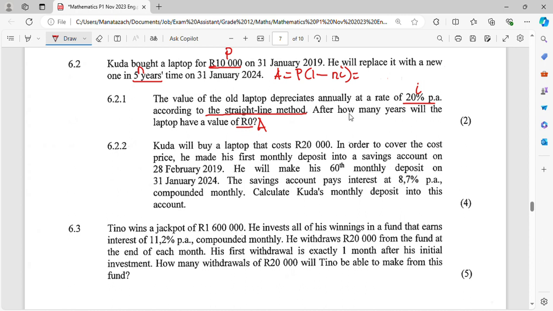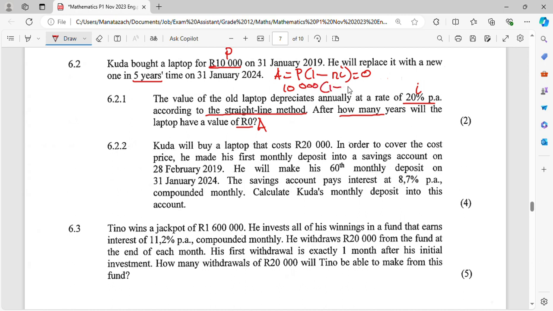So we want to calculate the number of years that it is going to be depreciating. So the number of years in this case is not going to be fixed to 5 years. It's actually an unknown basically. So now let's work it out. So the A in this case, we said it's going to be a 0. The P is 10,000.